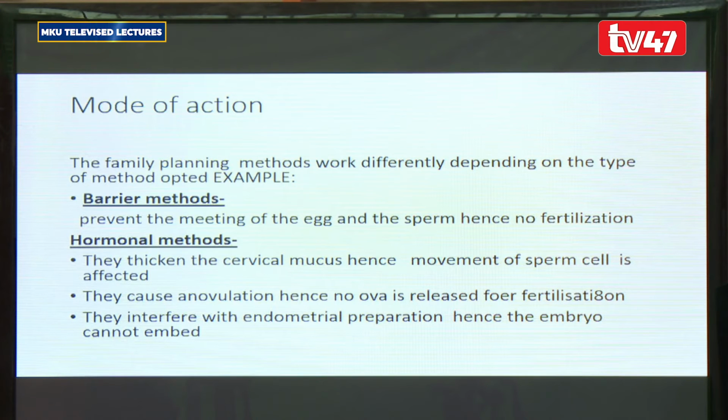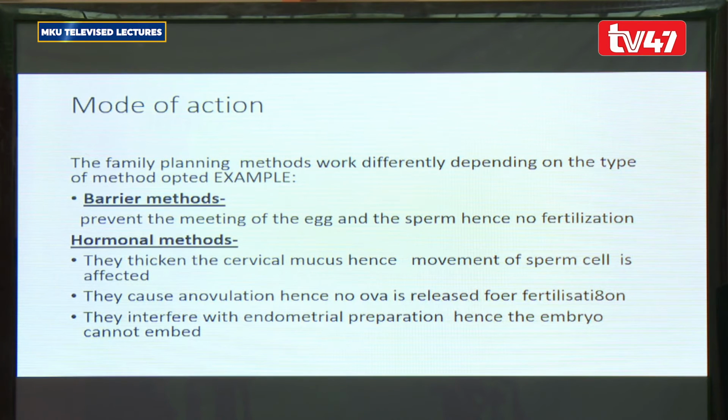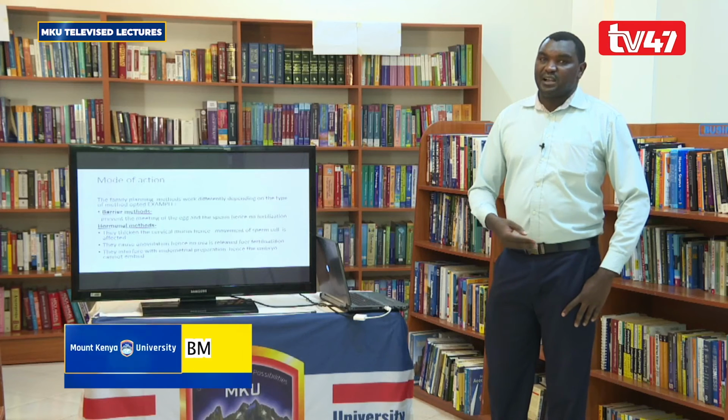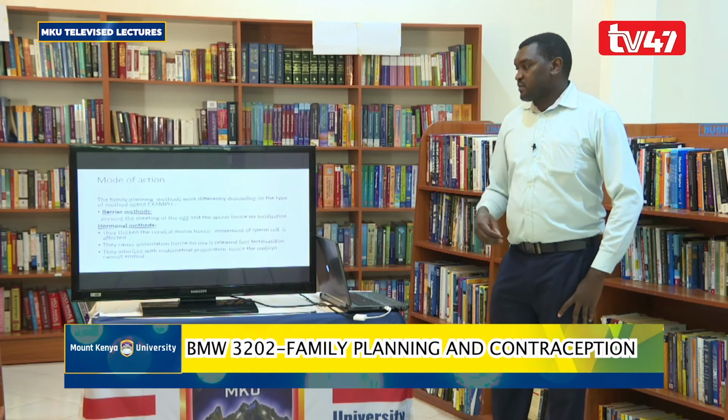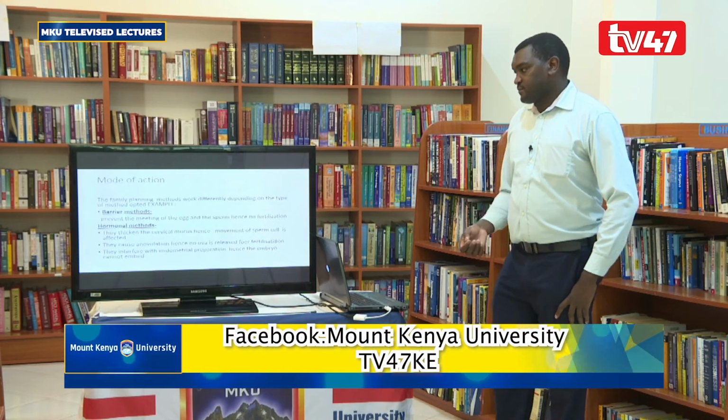They also cause anovulation, hence no ovum is available for fertilization, and they also interfere with the endometrial preparation, hence even if fertilization occurs, the embryo cannot implant because the endometrium is not prepared. So it is good for us to understand the mode of action so that as we explain to these clients, they will also understand how the method they opt to use works.